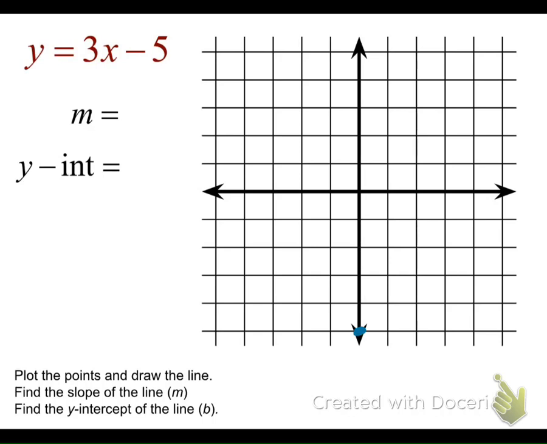Jonathan, what's the next one? 1, negative 2. So I'm going to put that right there. Kaylin, what's the next one? The third one? Right there. 2, 1?